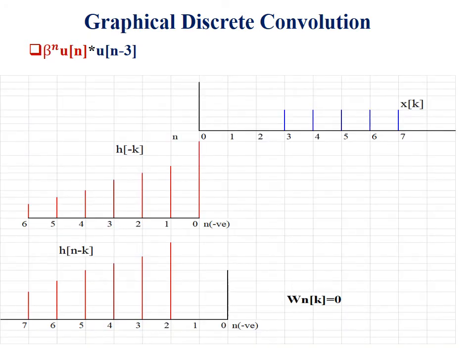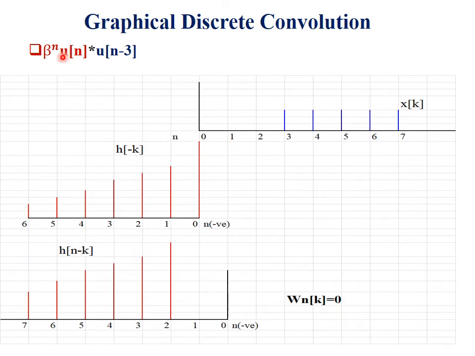As before, x of k would be u of n minus 3 and h of k would be beta to the n u of n. So, u of n minus 3, as in the previous case, starts from n equal to 3 and it has been sketched to have an amplitude of 1 up to, of course it has been shown only up to 7, but the signal could continue as is known for the step signal.